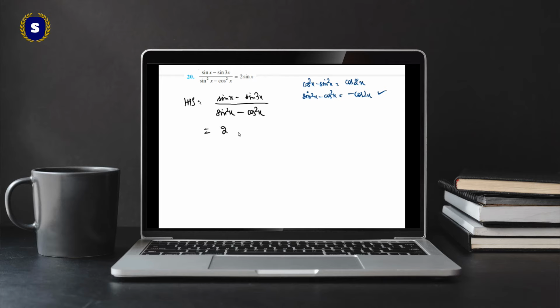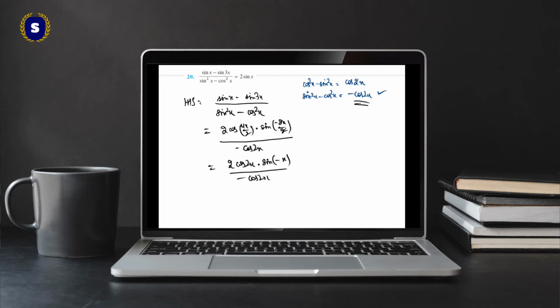On the upper side we can use 2 cos (a plus b) divided by 2, that is cos 4x divided by 2, into sin (minus 2x divided by 2), upon minus cos 2x, which I have told you can use directly here. So this will be 2 cos 2x into sin minus x upon minus cos 2x.